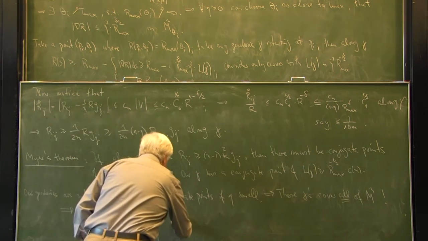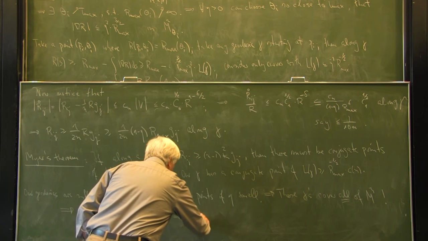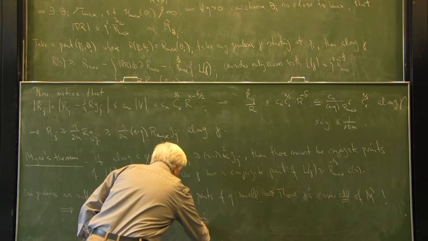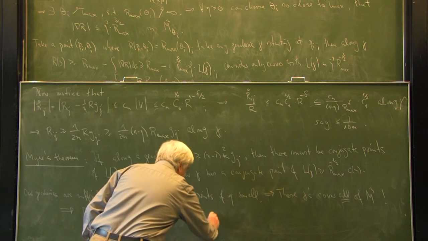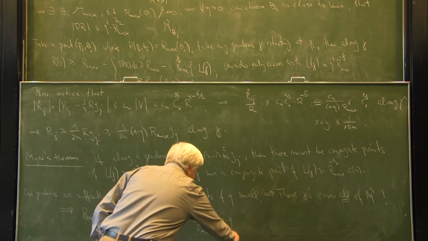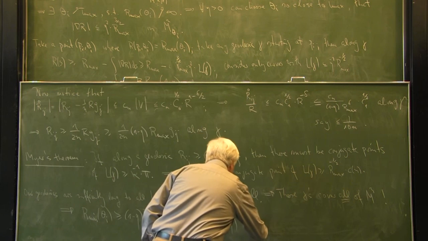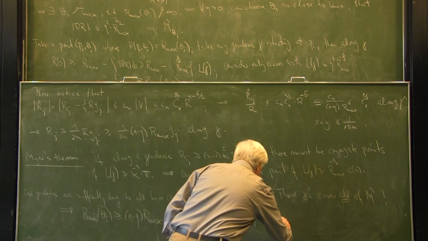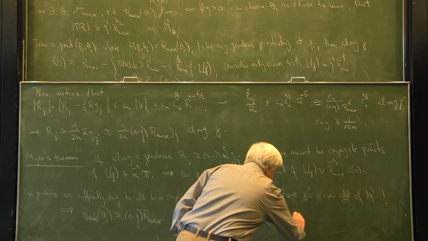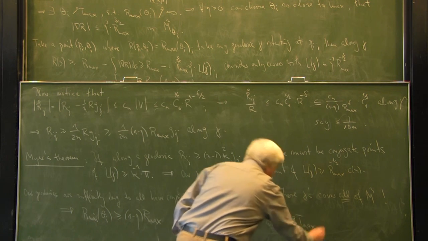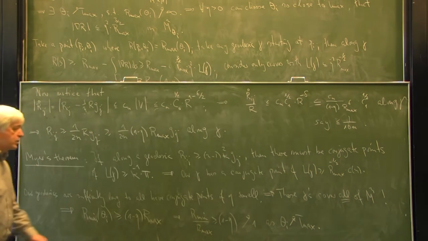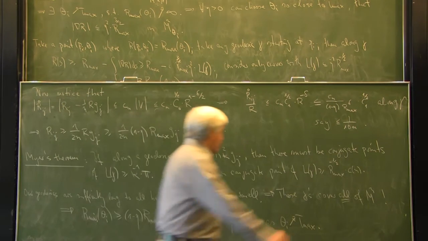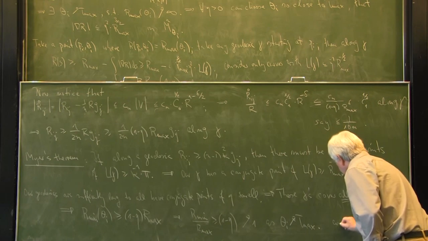And this means that the quotient R min over R max is bigger than 1 minus eta, which of course tends to 1 as the theta i's tend to infinity. Okay, so this proves the proposition.